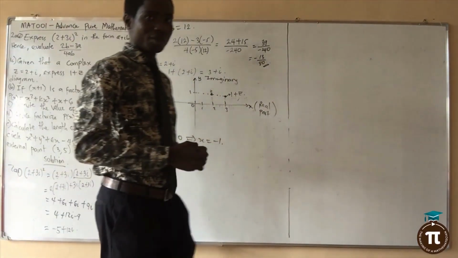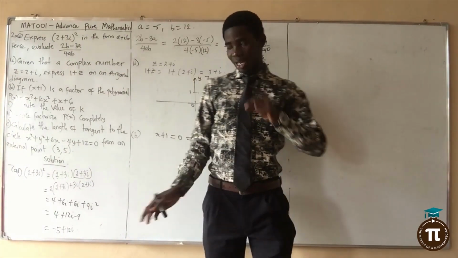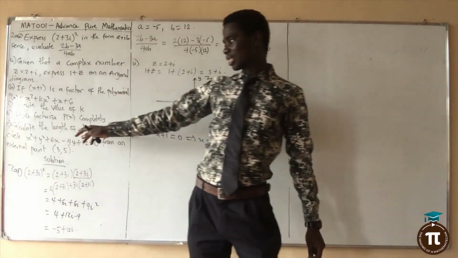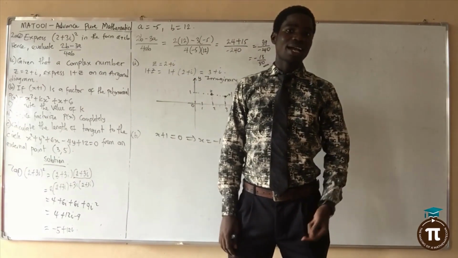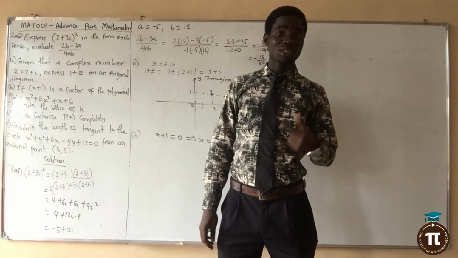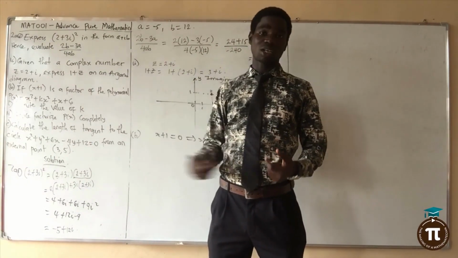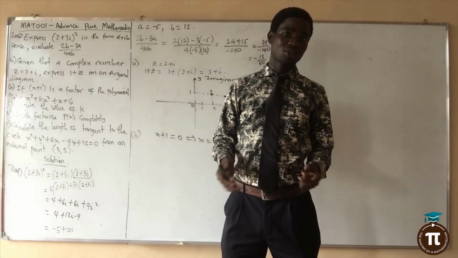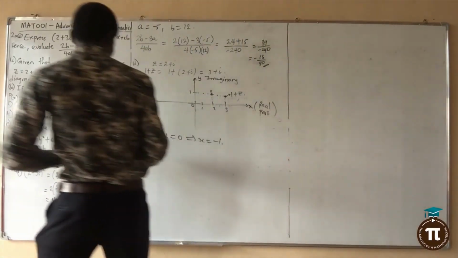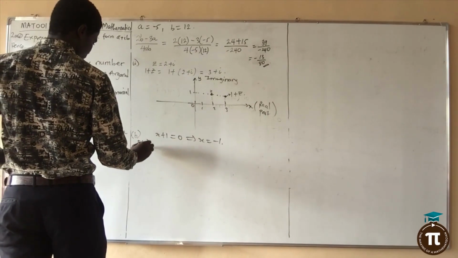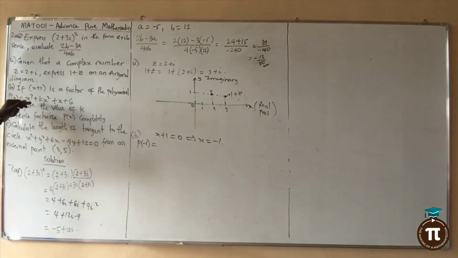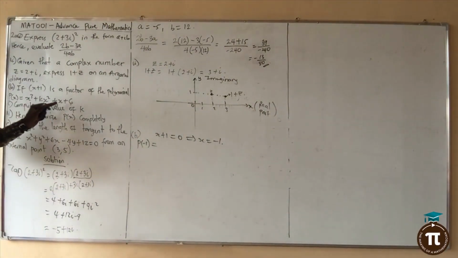Since you have equated it to 0, and x is negative 1, put that negative 1 in p of x. The answer you must get must be 0 because it's a factor. Because x plus 1 is a factor, that is the peculiarity of a factor. So we have p of minus 1. You know, p of x is x raised to power 3 plus kx squared plus x plus 6.